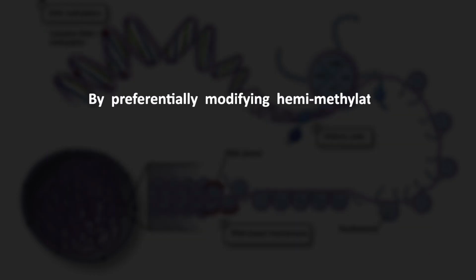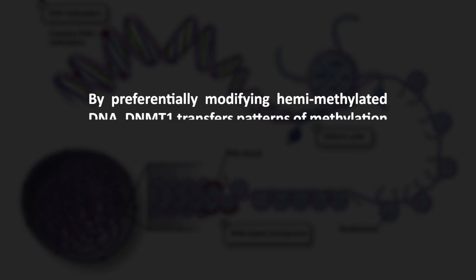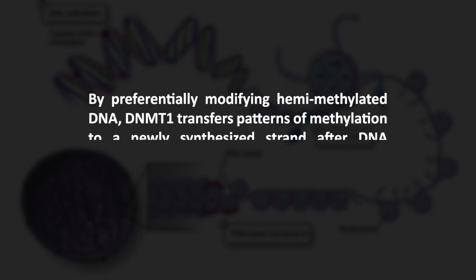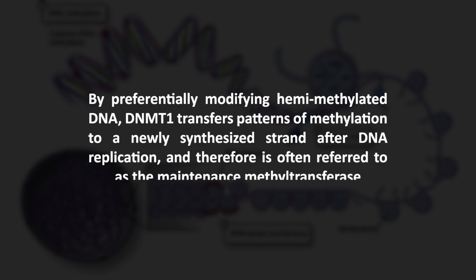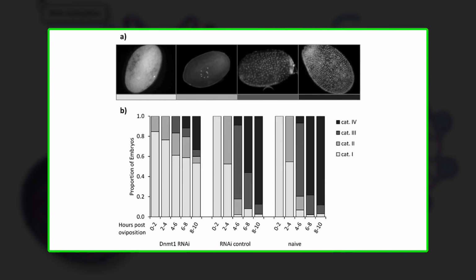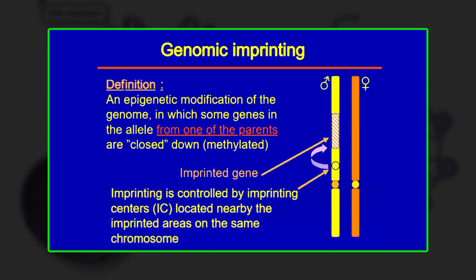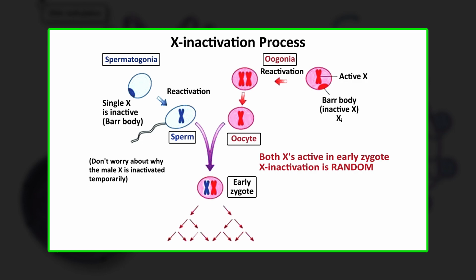By preferentially modifying hemimethylated DNA, DNMT1 transfers patterns of methylation to a newly synthesized strand after DNA replication, and therefore is often referred to as the maintenance methyltransferase. DNMT1 is essential for proper embryonic development, imprinting, and X inactivation.